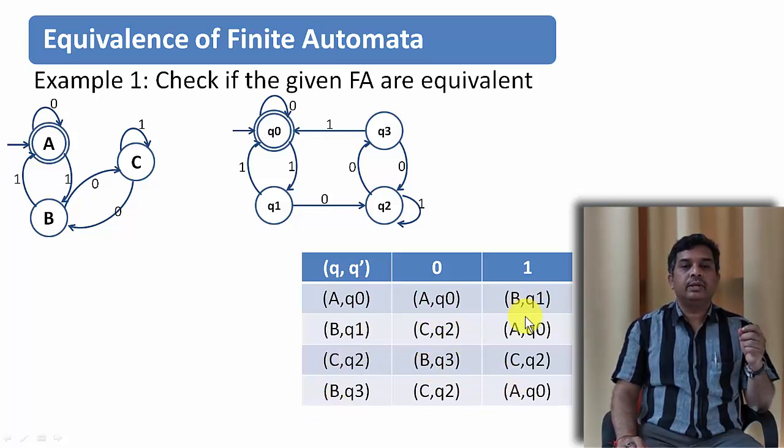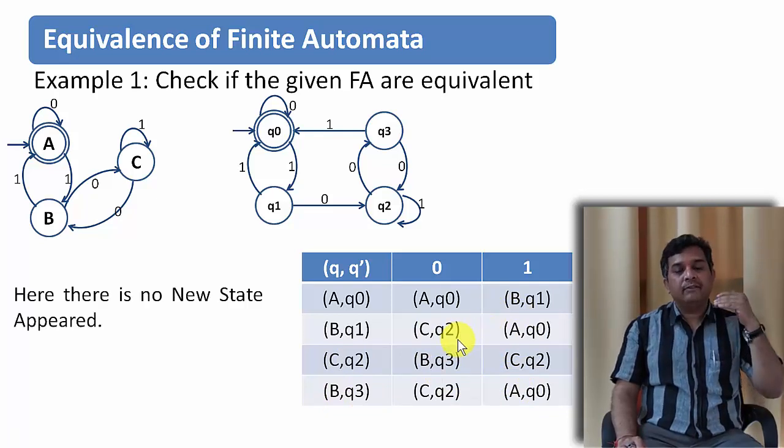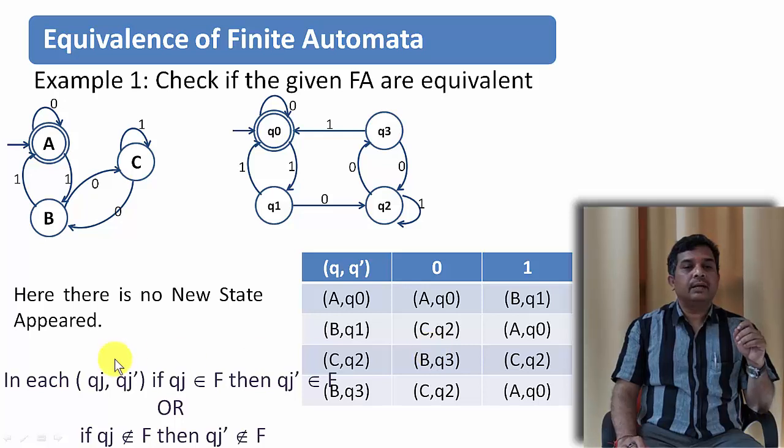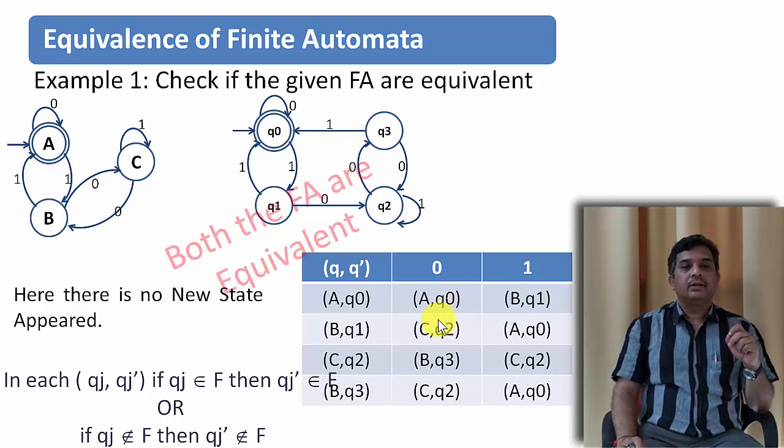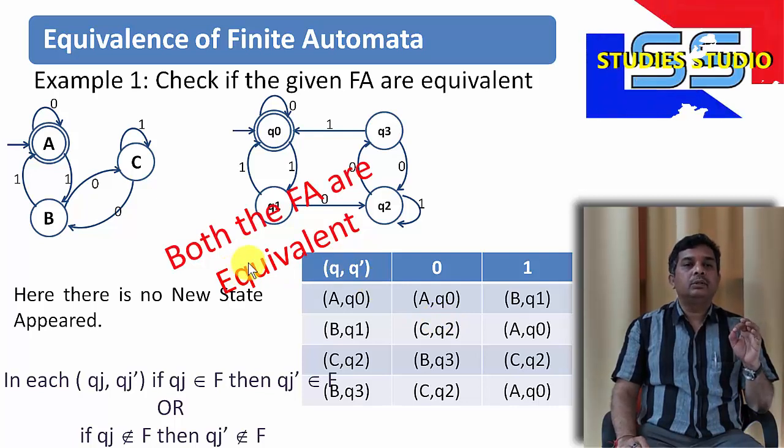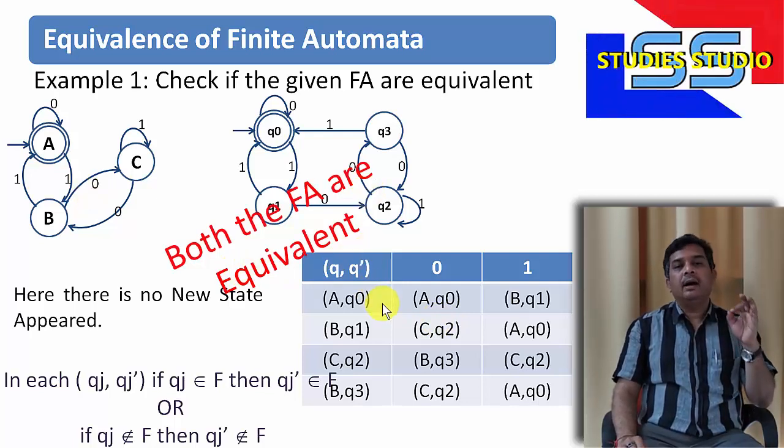There is no new state here. It means we have already reached the place where we can compare. So you can see for all the states, the pair are either both final states or both non-final states. So we can say that both the finite automata are equivalent.